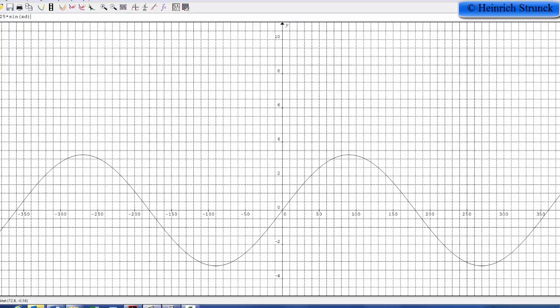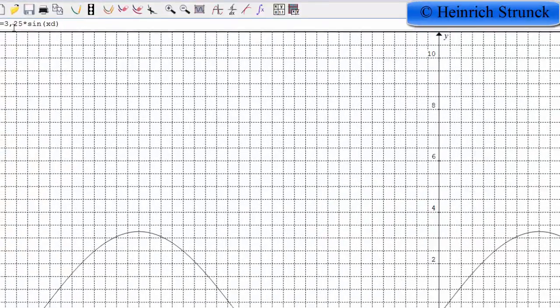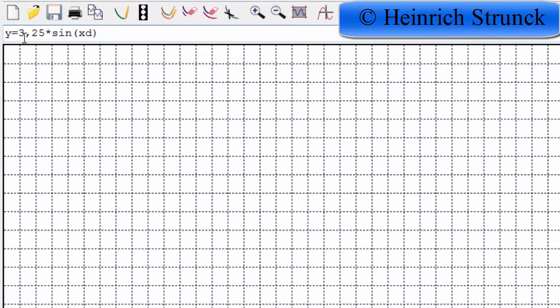When you look at the sine curve, we can see up here that it is not 325 but 3.25. I have just divided by 100, otherwise we get very high numbers. So the formula for this sine curve is 3.25 multiplied by sine for x. We put on a d because we want to have it in degrees.